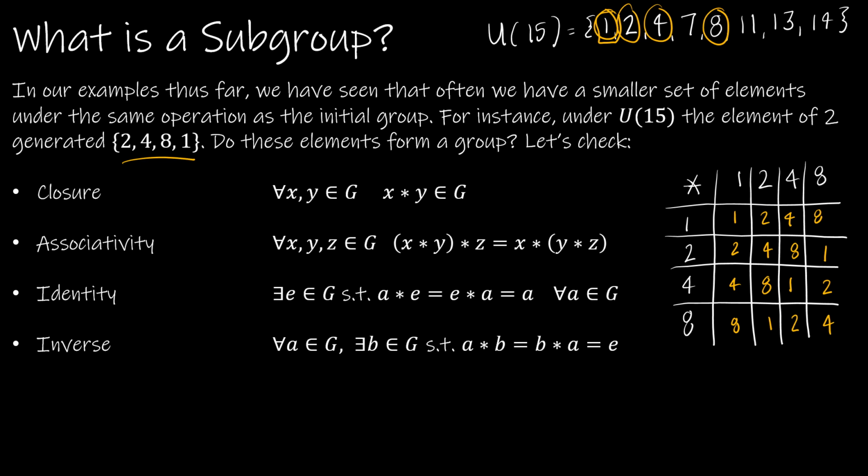And does each element have an inverse? Well, we can see very clearly the inverse of 1 is 1. The inverse of 2 is 8, and the inverse of 4 is 4. So yes, these 4 elements do create a group, so they are considered a subgroup of U15.